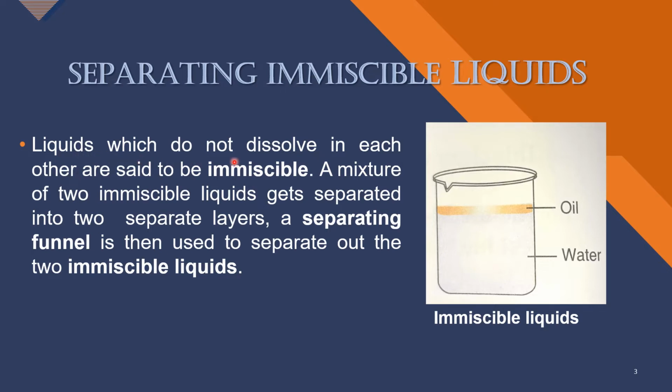Liquids which do not dissolve in each other are said to be immiscible. A mixture of two immiscible liquids gets separated into two separate layers. A separating funnel is then used to separate out the two immiscible liquids.